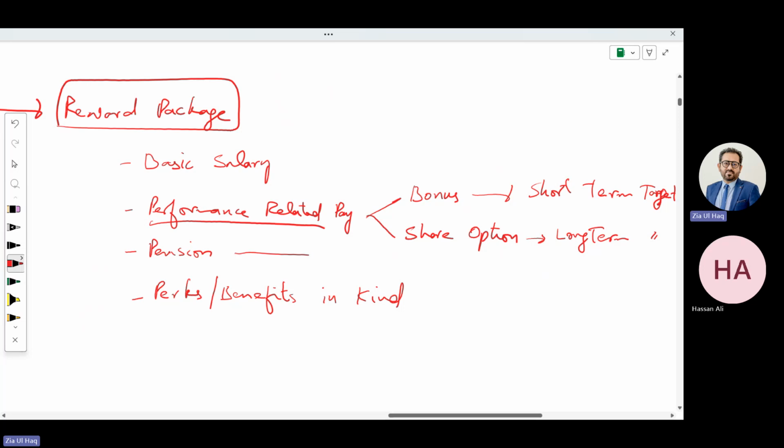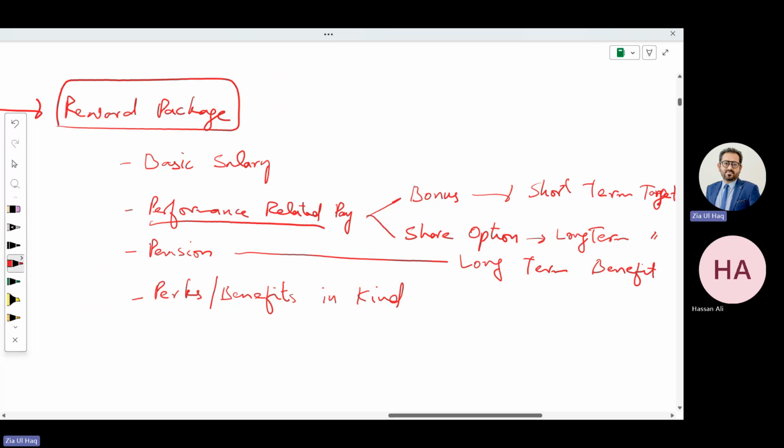Pension is another long-term benefit that the company provides at the age of retirement. There could be a company policy where only the company contributes some amount every month to the pension account, and at the age of retirement, directors can take what is in the pension account.